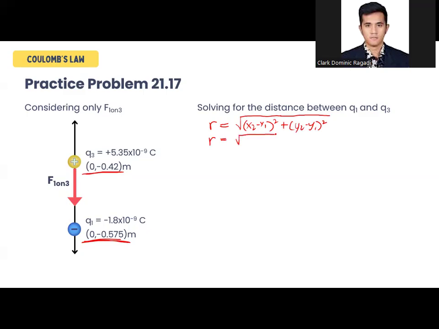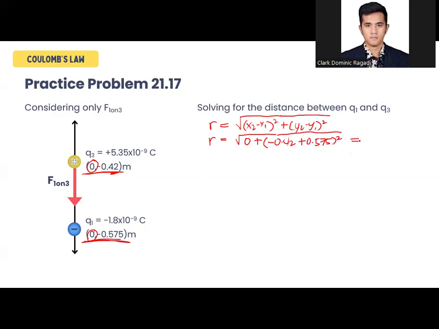Since there is no zero coordinates here, that is 0 plus, so let's try this as y2. This is y2, 0.42. So we have negative 0.42 minus negative, so that will become positive 0.575, squared.